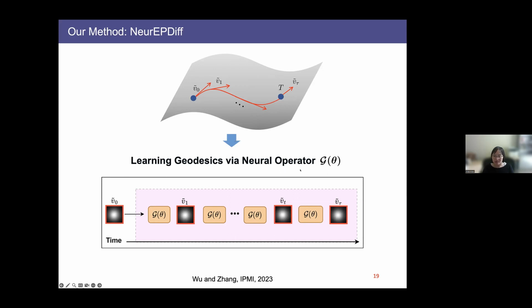We design this neural operator, G theta, and this network should be able to take the initial condition learned from the image space, and then learn the entire geodesic function between each time point. Here theta is parameterized by the neural network.